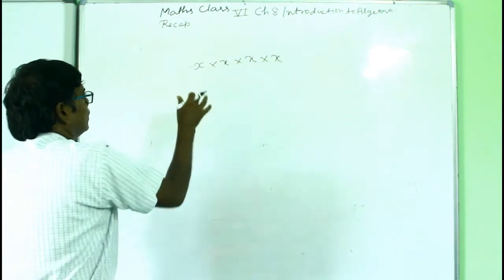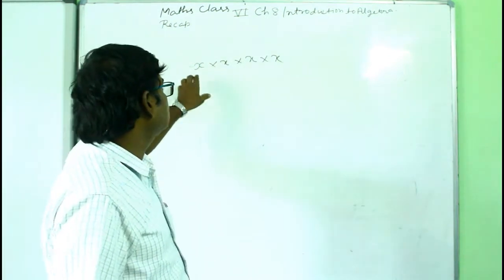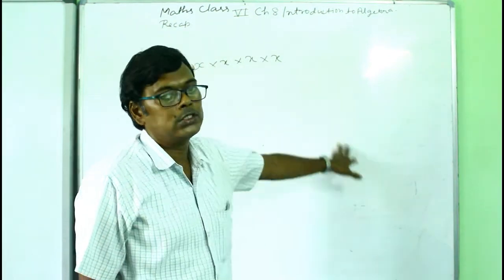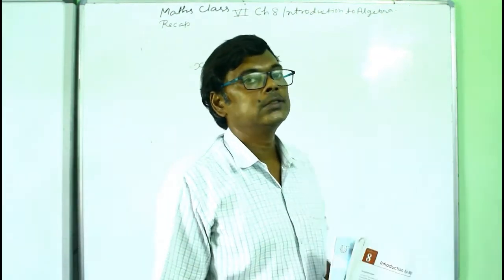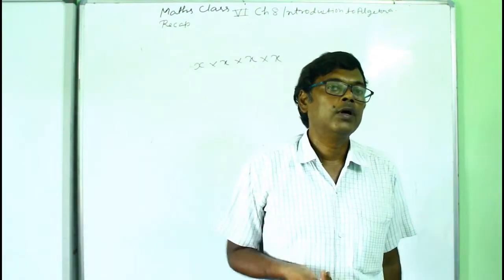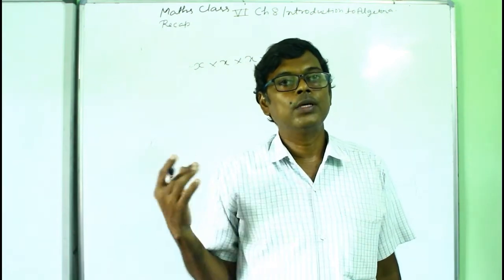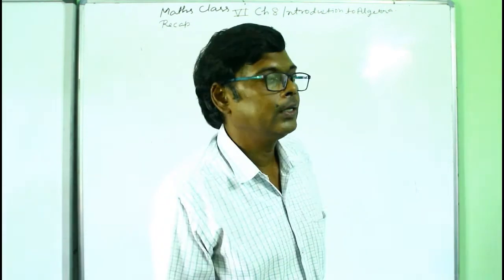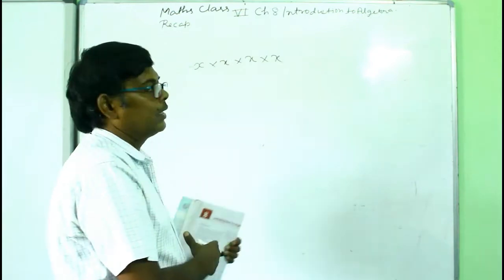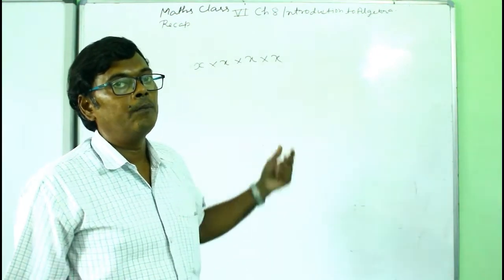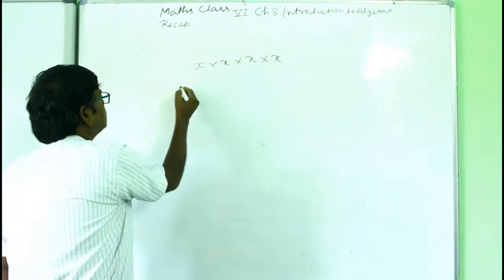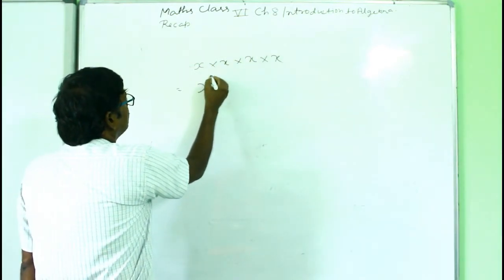So we can write it like this, x into x into x into x. Okay, but as I told you, in mathematics we want to make things simpler. So instead of writing this long expression, we can write this in a compact form. Okay, we can write this as x and here 4.